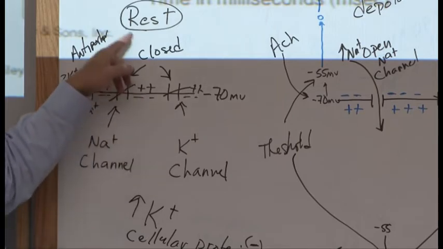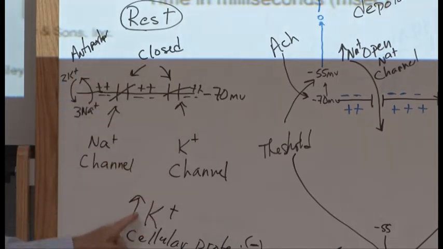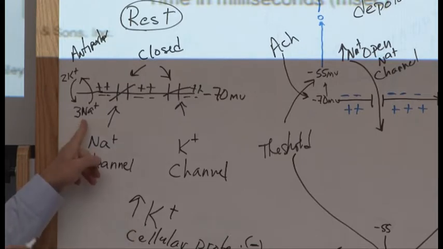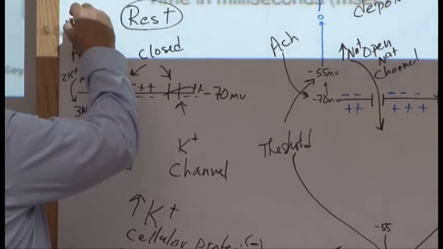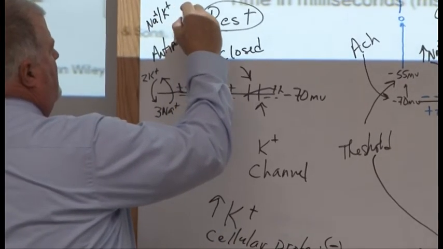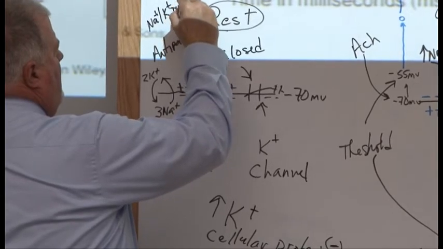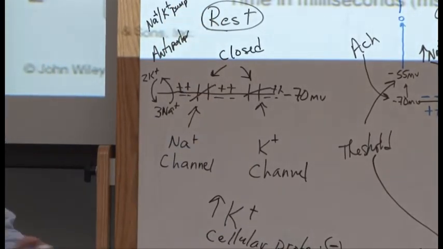What maintains the abundance of ions inside and out, sodium outside and potassium inside, is this antiporter called the sodium-potassium pump. This is always active, as long as you have ATP to drive it. So this would fail if you couldn't make ATP.